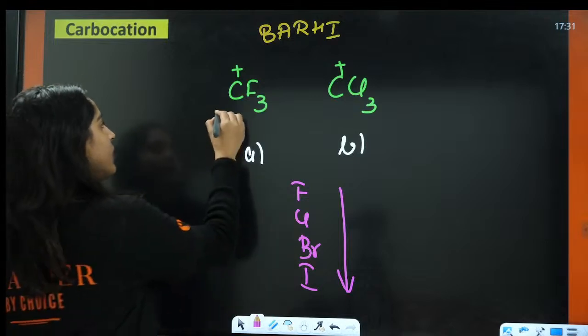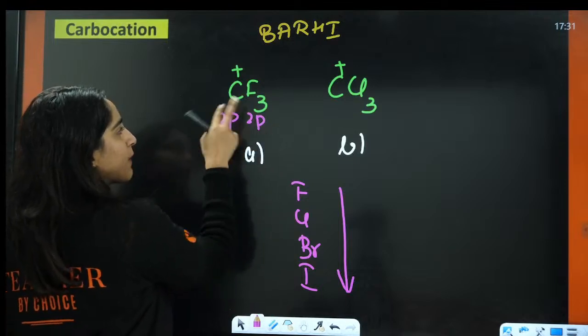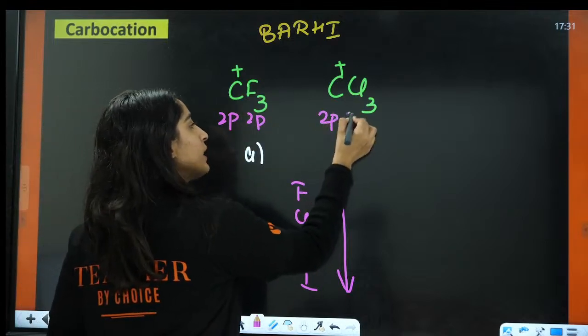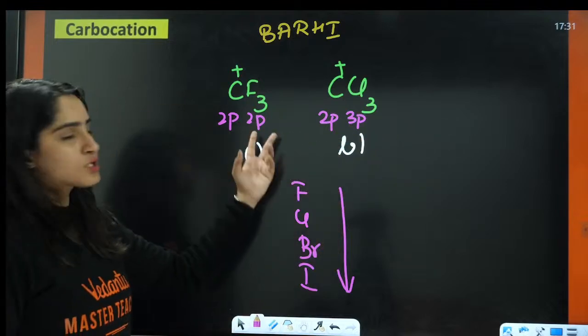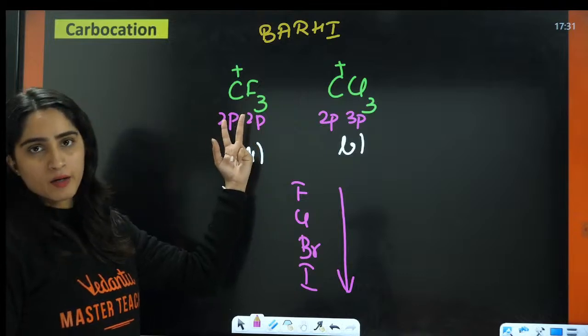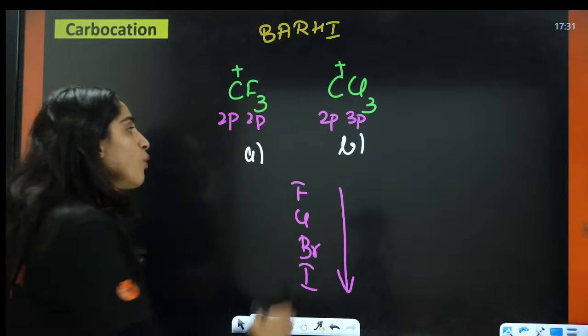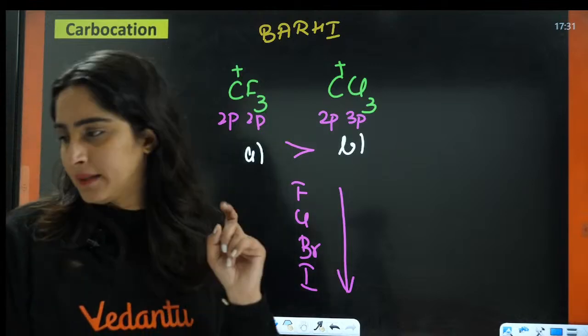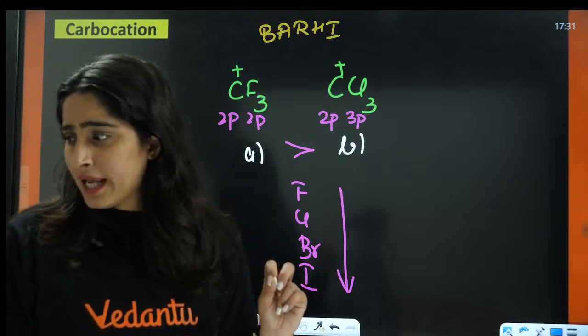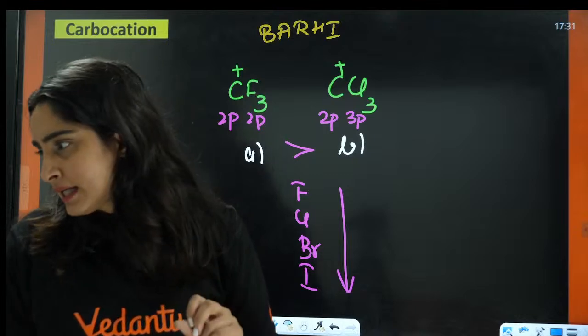This is 2p and this is also 2p, so the overlapping will be stronger. This is 2p and this is 3p, so the overlapping will not be that strong. The concept is that more back bonding means more stable. So the answer is A is more stable than D.